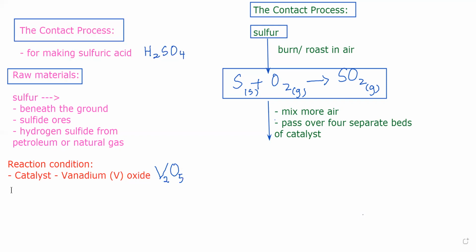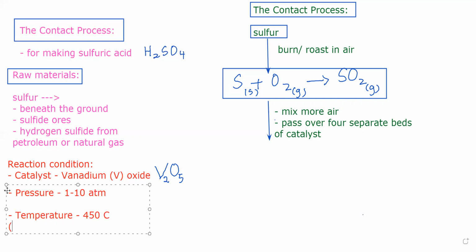Now I go to the other reaction conditions. The pressure that I am going to use is 1 to 10 atm maximum. The temperature that I am going to use is a compromise temperature, about 450 degrees Celsius, which we call the compromise temperature.